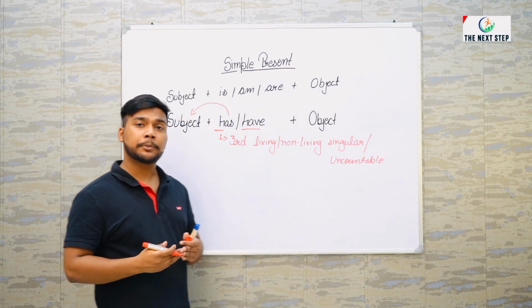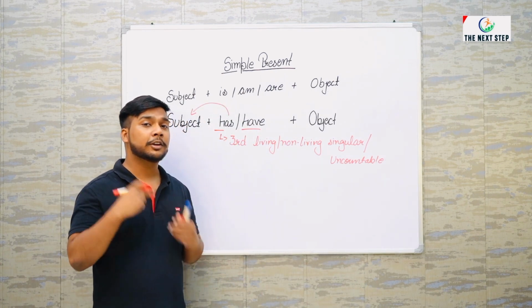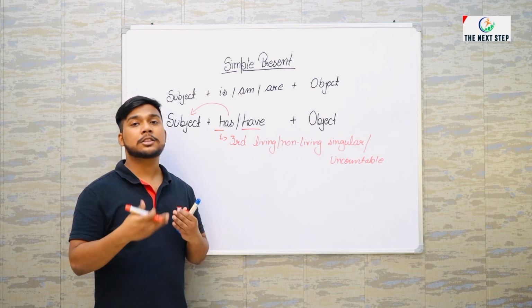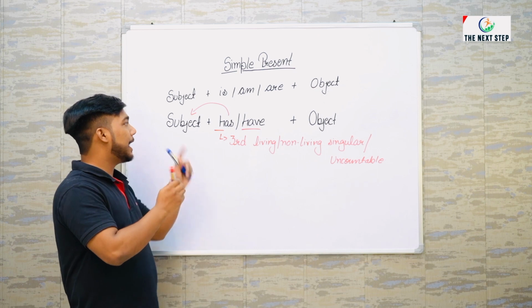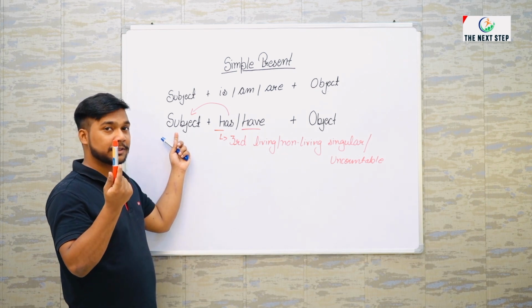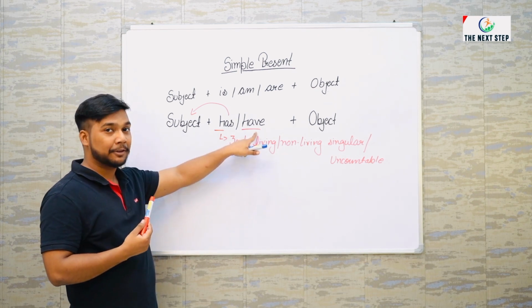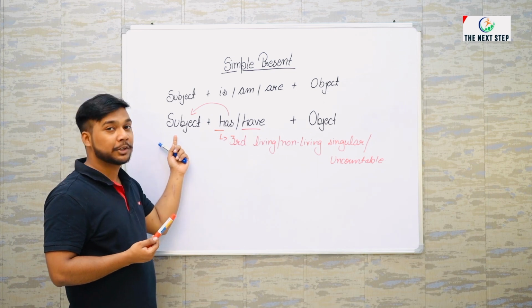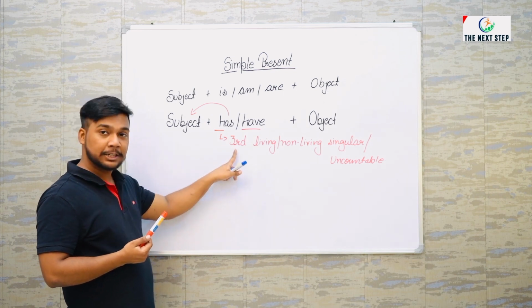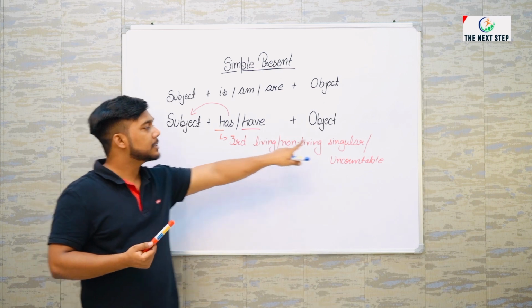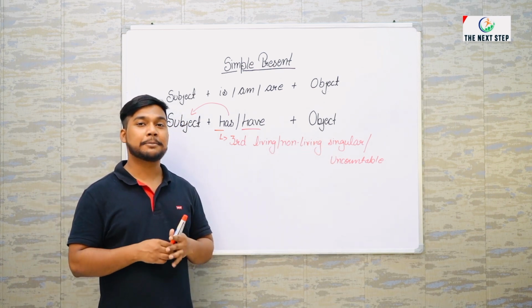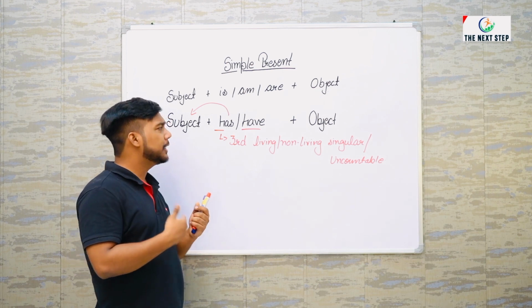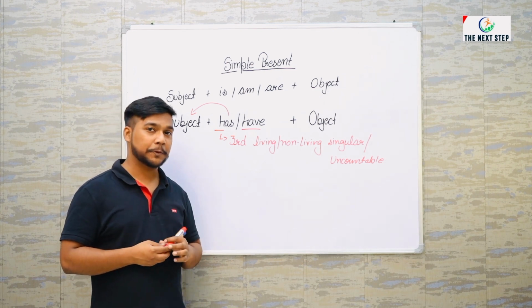As you already know, the first person is the speaker, the second person is the listener, the third is the one about whom you are talking. Like I is first person, so I have. But if I talk about my brother, he is third, living, singular. So I should say my brother has a marker or my brother has a mobile phone.